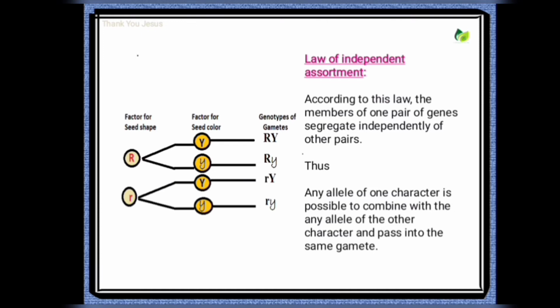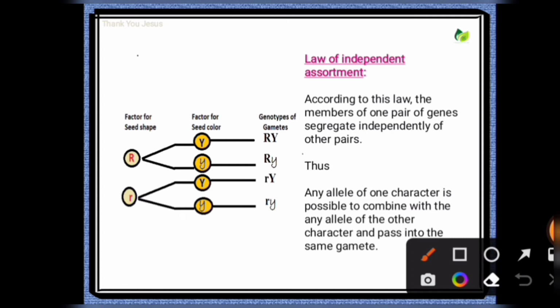Thus, any allele of one character is possible to combine with any allele of the other character, and they pass into the gamete. Let's see the figure carefully. These two are the factors, or alleles, or genes for seed shape and color.